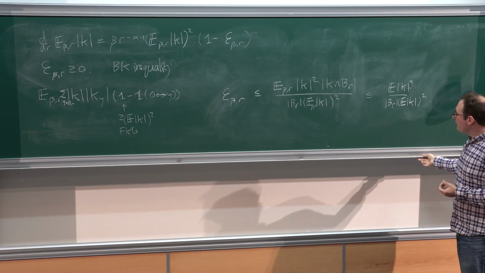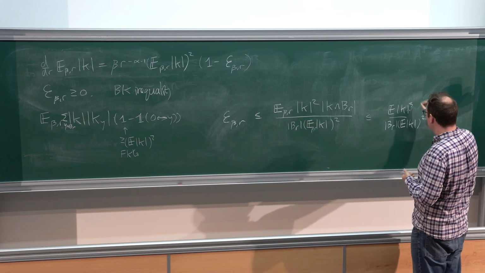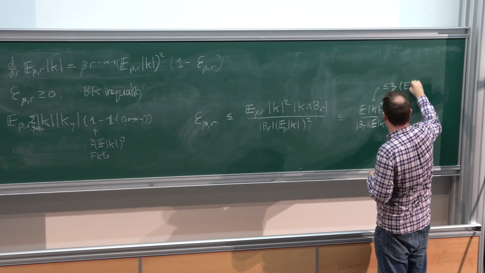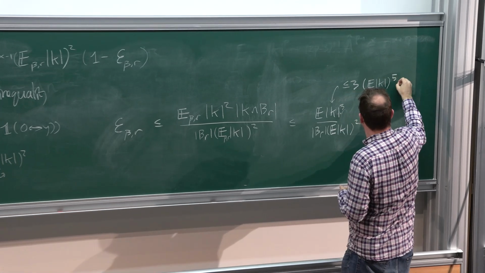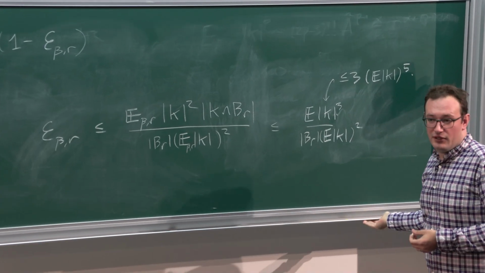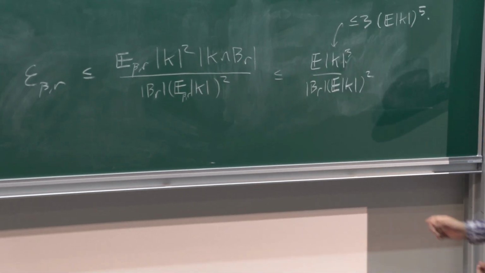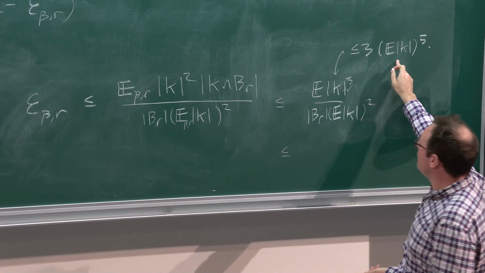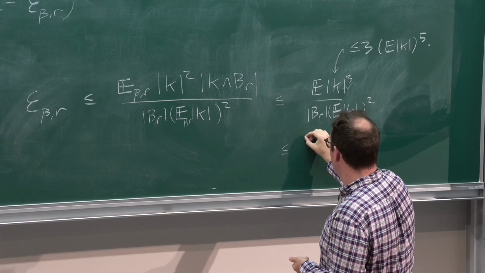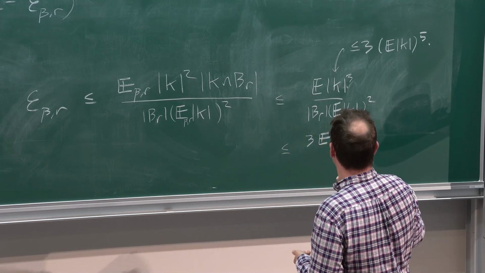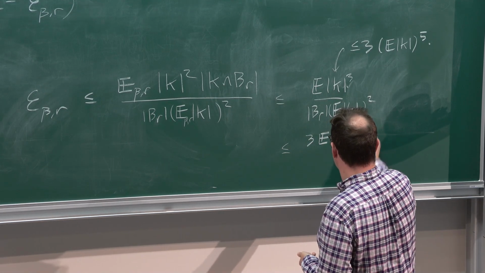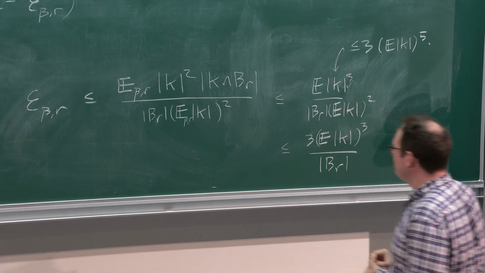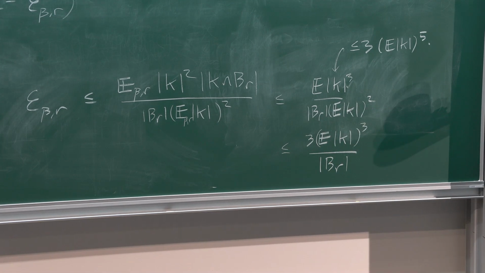And we remember the tree graph inequality, that this third moment here is bounded by 3 times the fifth power of the first moment. And so using the tree graph bound and then cancelling the powers, we get 3 times the cube of the first moment divided by the volume of the ball.